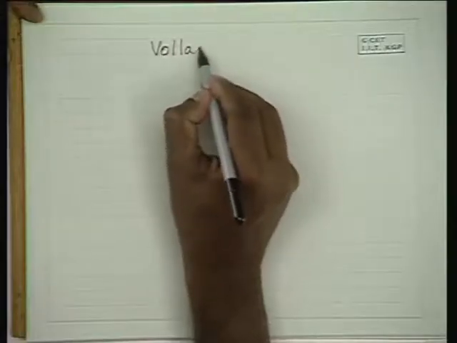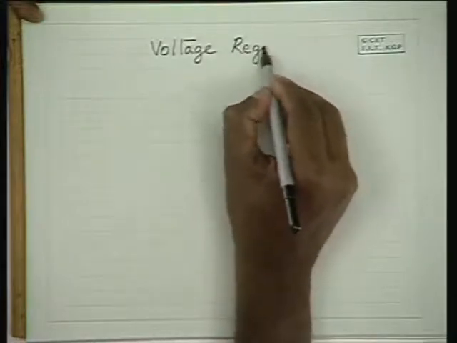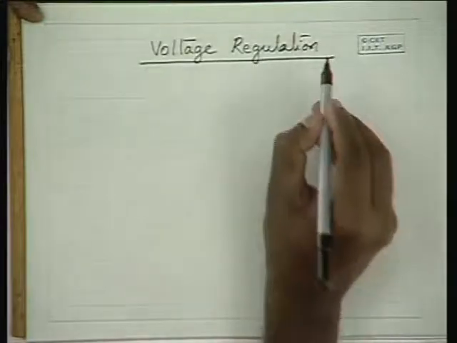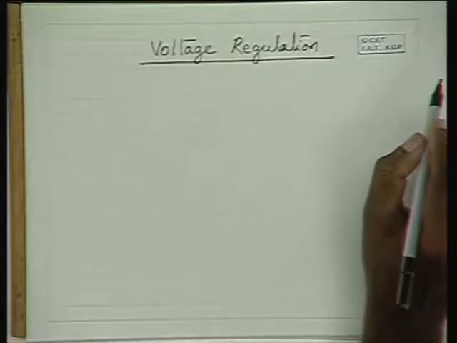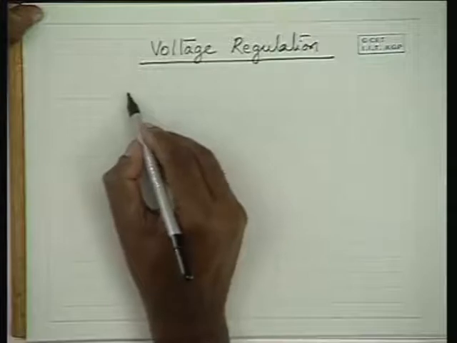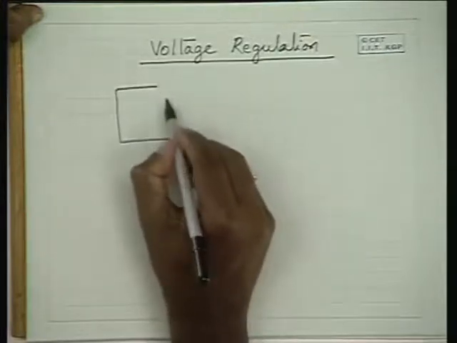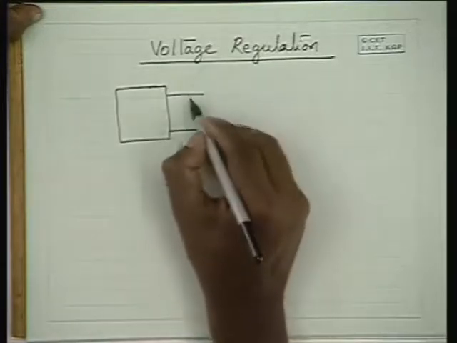There is another important quantity which describes the quality of a supply. Say you have a supply here, and the supply is a 12-volt supply.